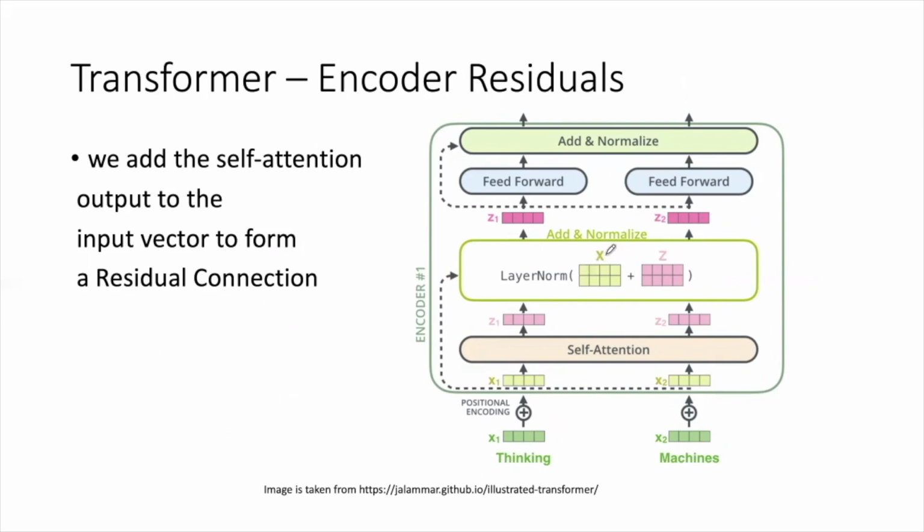It first calculates the addition between the contextual representation and the original input x1. So z1 plus x1 gives a new vector. Similarly, z2 plus x2 gives a new vector. This is like the matrix version of the addition operation. Once we do this addition, we do a normalization of all these vectors.